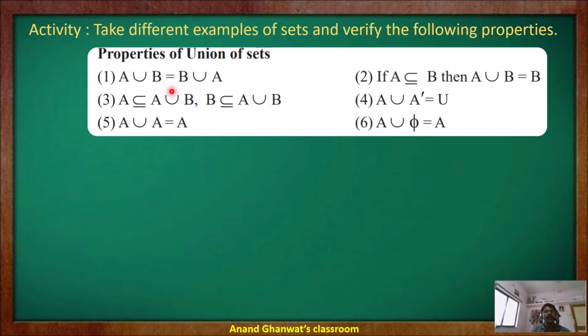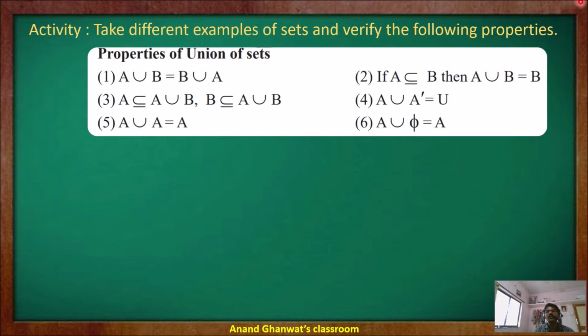First, A union B is equal to B union A. Second, if A is a subset of B, then A union B is equal to B. Third property, if A is a subset of A union B, then B is a subset of A union B. Fourth property, A union A transpose is equal to the universal set. Fifth property, A union A is equal to A. And sixth property, A union phi is equal to A.